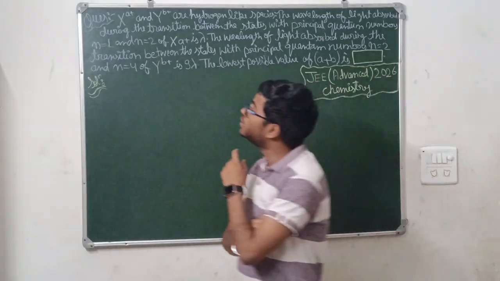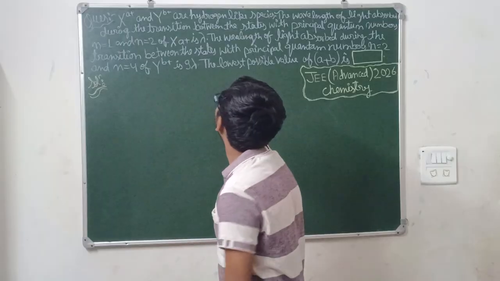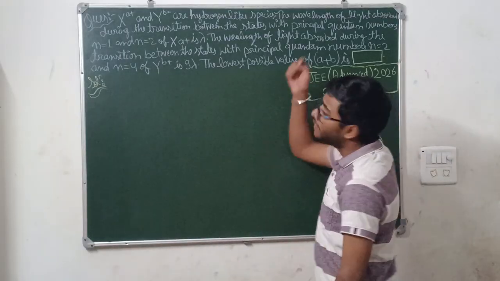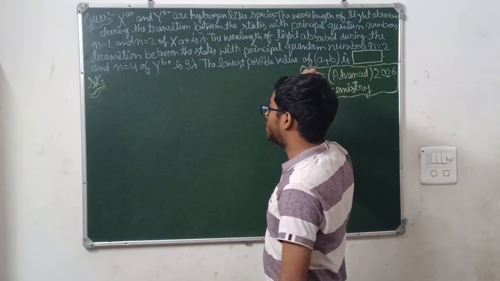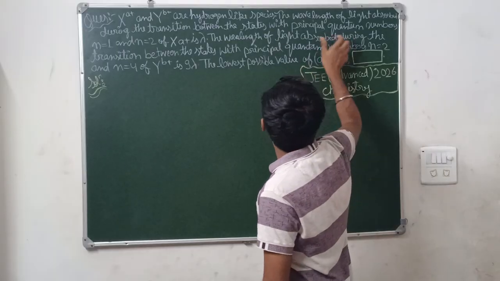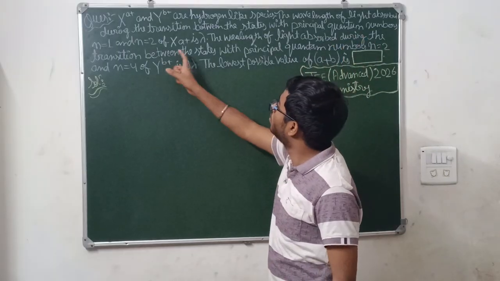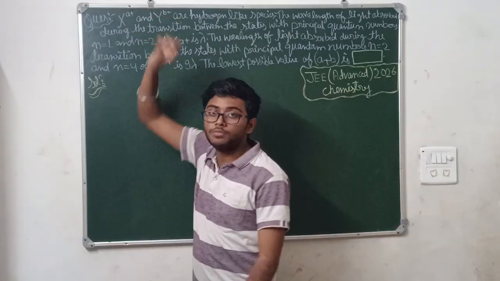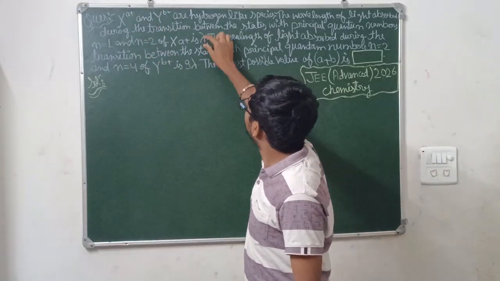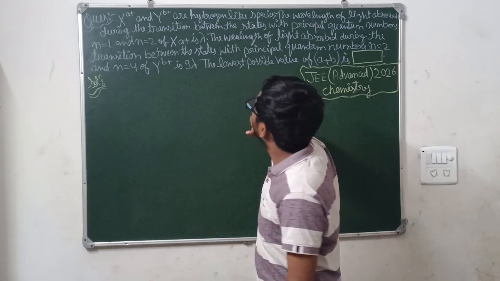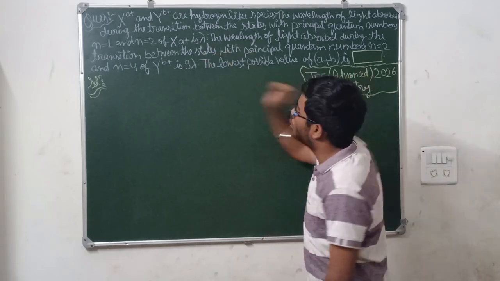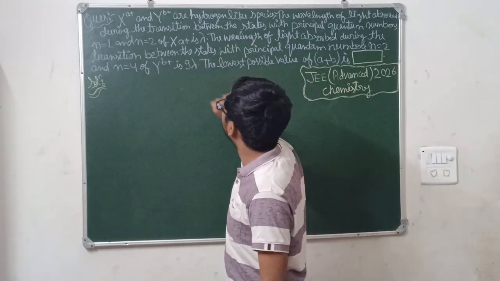So the question is saying, in hydrogen-like species, the wavelength of the light absorbed in the transition between the states with principal quantum numbers 1 and 2 of X is lambda. For Y it's n equals 2 to 4, and the wavelength absorbed is 9 lambda.